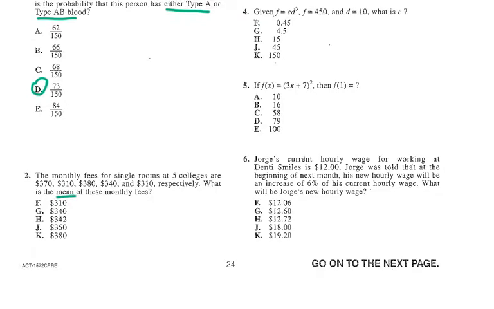That means add all this together, divided by 5. Let's go to the calculator. You add 370 plus 310 plus 380 plus 340, then plus 310, divided by 5. Your answer will be H.